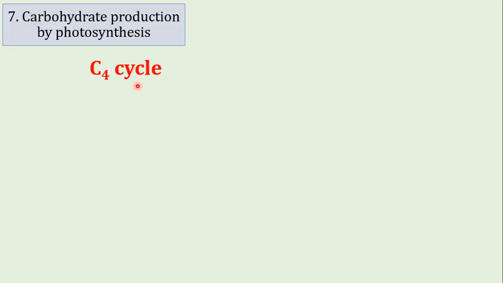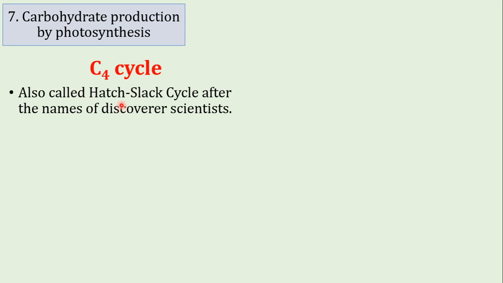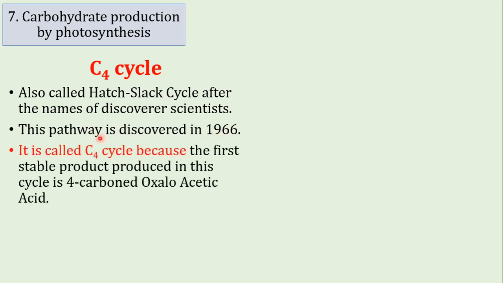The C4 cycle is named after the discoverer scientists Hatch and Slack. That is why another name of the C4 cycle is the Hatch and Slack cycle. This pathway was discovered in 1966. So why is such a cycle called the C4 cycle?